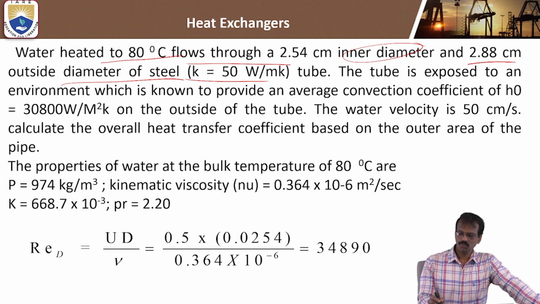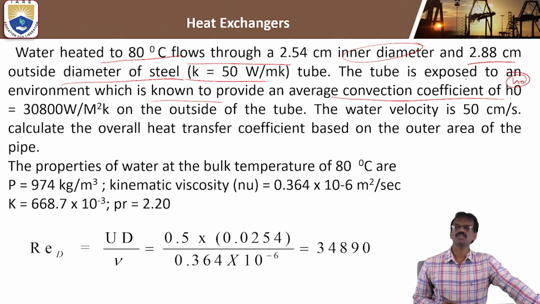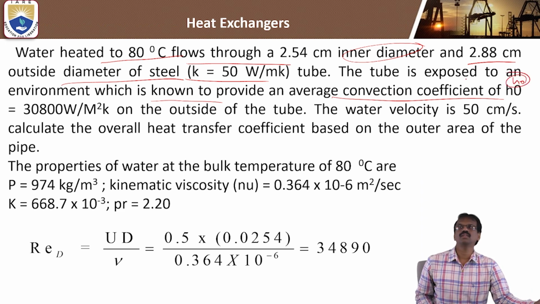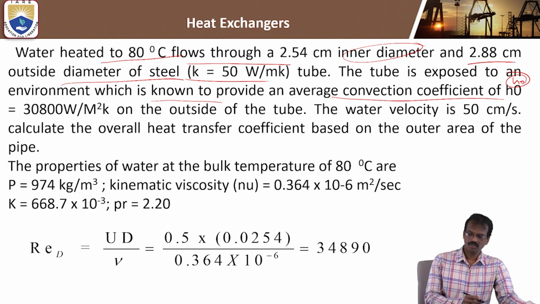The tube is exposed to an environment which is known to provide an average convection coefficient, H naught, on the outside, 3800 watt per meter square Kelvin.